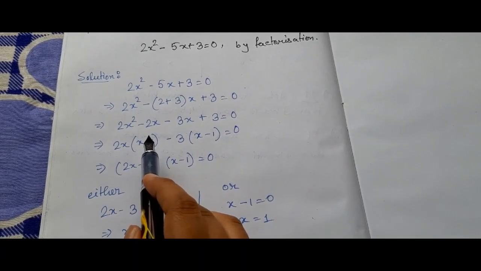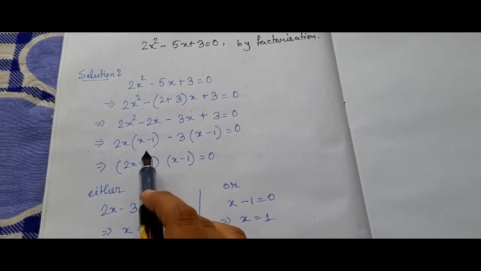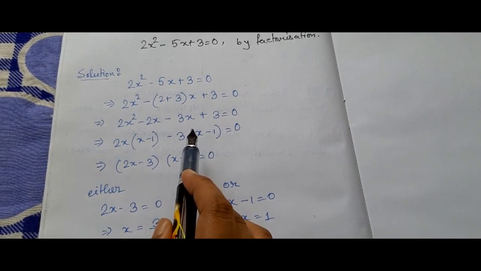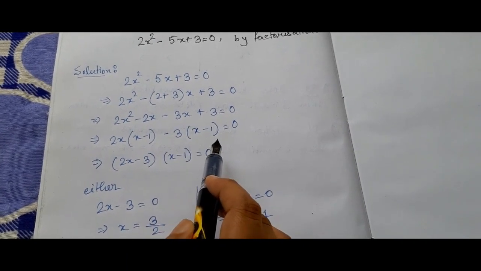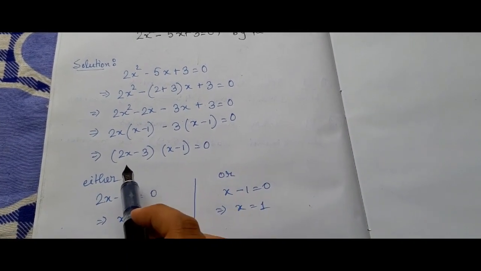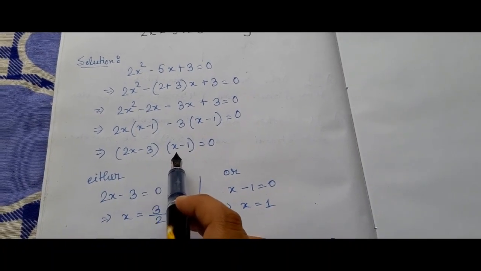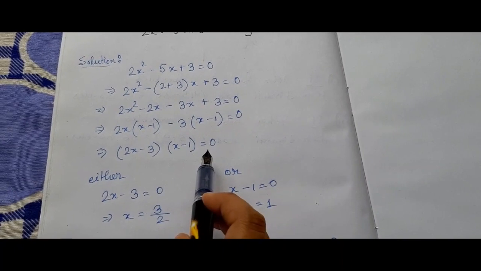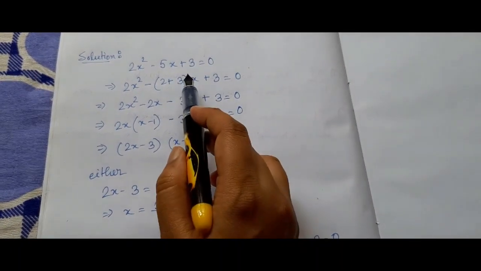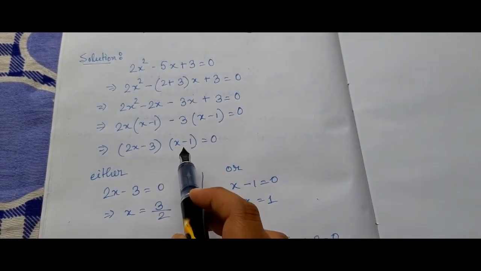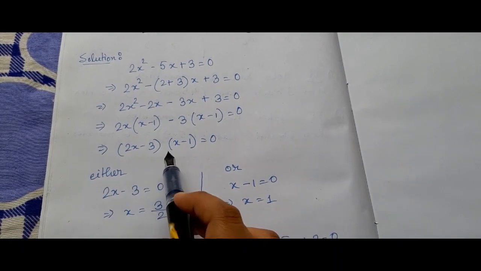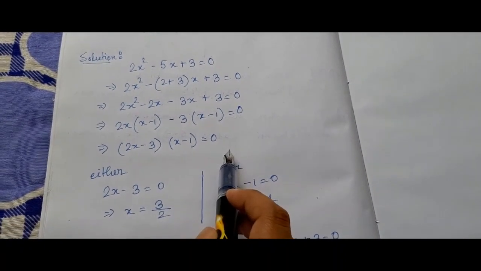If you take 2x common from the first two terms, it becomes 2x(x − 1). If you take 3 common from the last two, it becomes −3(x − 1) = 0. The factors will be 2x − 3 and x − 1. So ultimately this quadratic equation is transformed into (2x − 3)(x − 1) = 0.